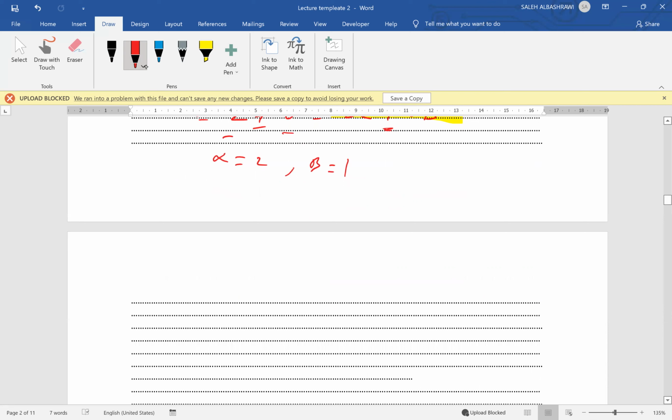Now the general solution, if we have complex roots, will be y equal to e to power alpha x multiplied by c1 cosine beta x plus c2 sine beta x.